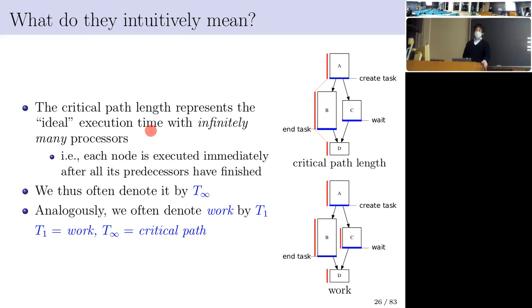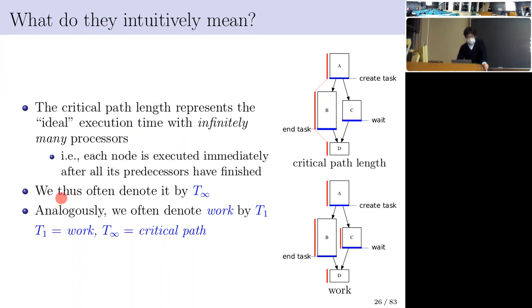The precise definition is already very simple, but to connect it to something else, it's the execution time in a hypothetical environment in which you have infinitely many processors. This is what the critical path actually means in more intuitive terms.